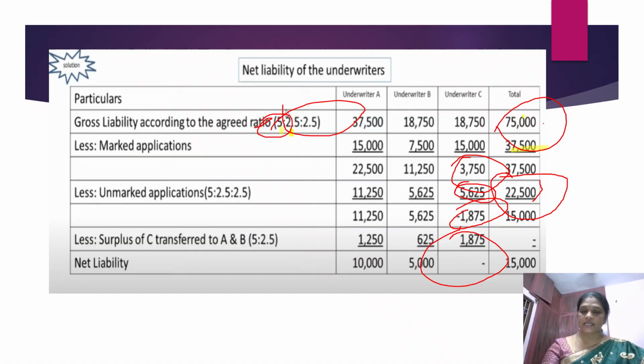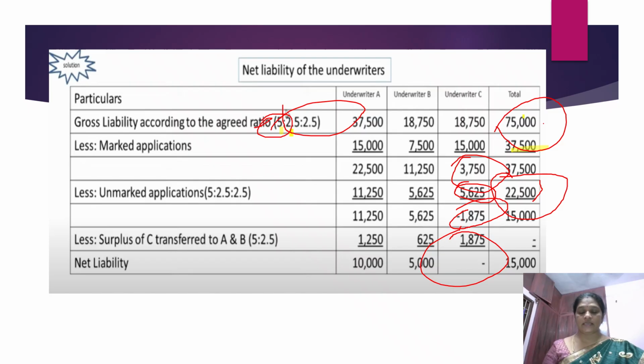A gets 5, and the total is 7.5. The next one is B, 625. How did you get it? 1,875 into 2.5 divided by 7.5. According to their ratios, the surplus amount is transferred to A and B.